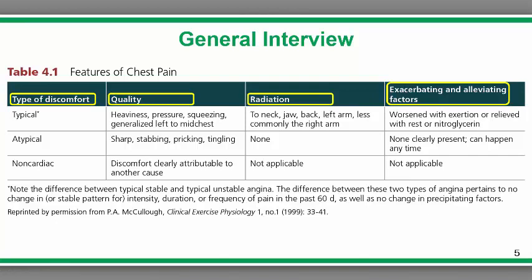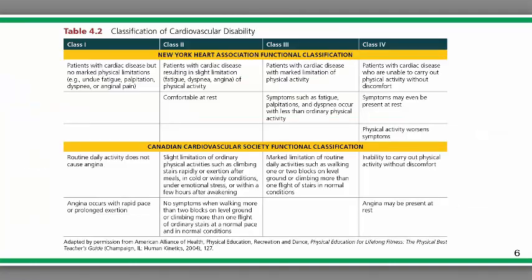With atypical chest pain, there are no clearly present factors as it relates to what makes it worse or when it alleviates, and it's not applicable with non-cardiac related chest pain.